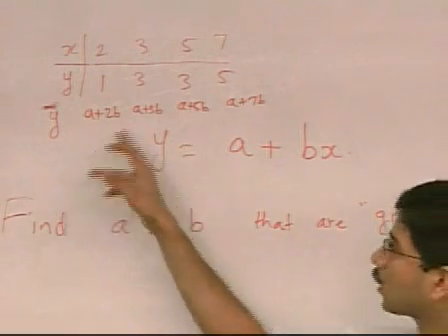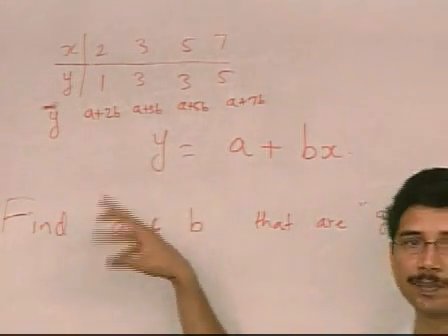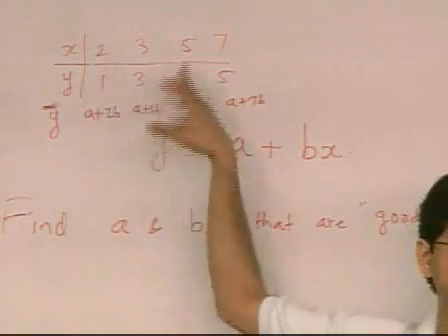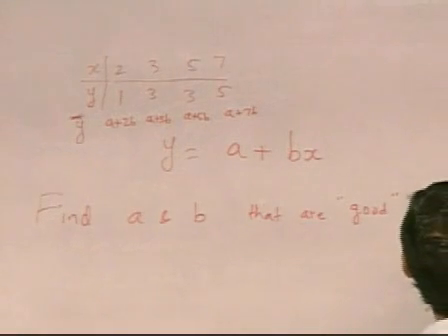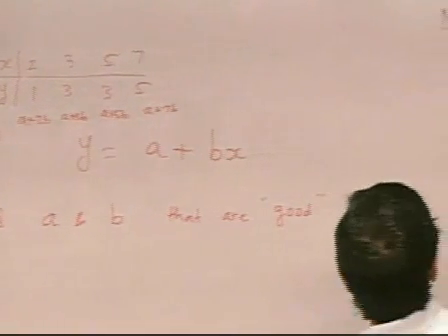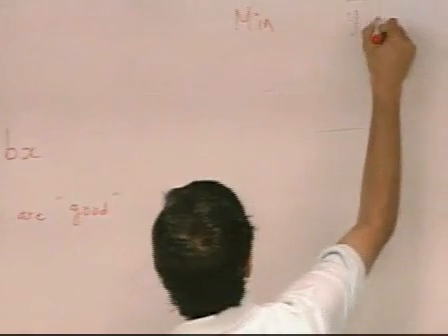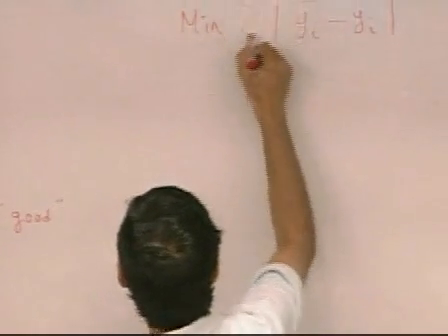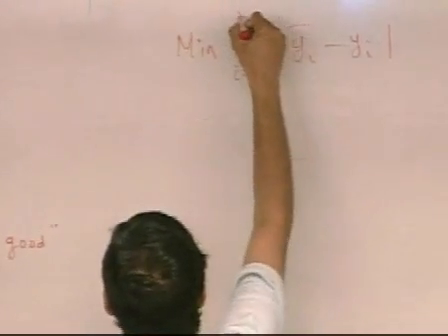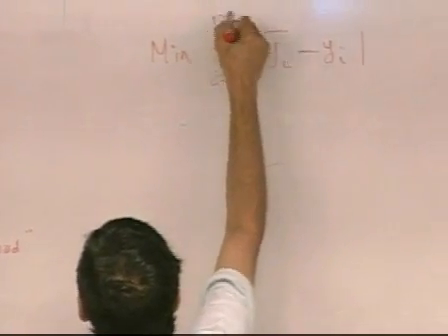So one common measure is to say that you want to minimize the sum of deviations. So you want to minimize the sum of the absolute values of y bar i minus y i, in general.